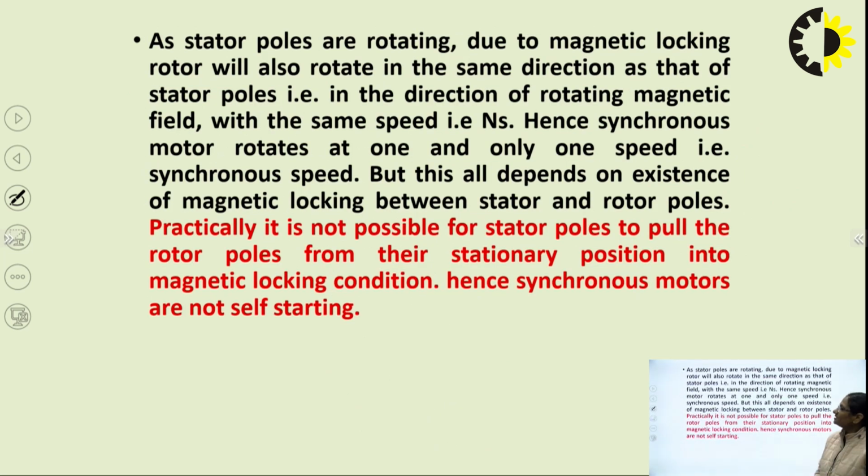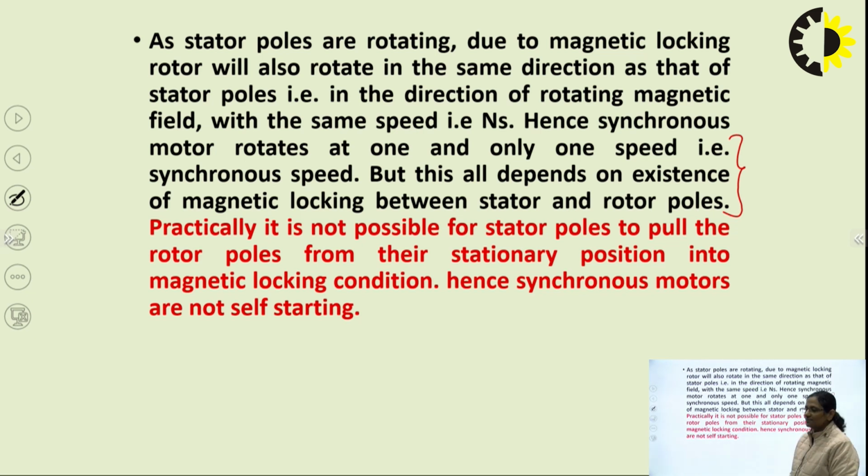So as the stator poles are rotating, due to magnetic locking the rotor will also rotate in the same direction as that of the stator poles, that is the direction of the rotating magnetic field, and at the same speed, that is the speed of the rotating magnetic field. So the synchronous motor rotates at one and only speed. These motors are constant speed motors.